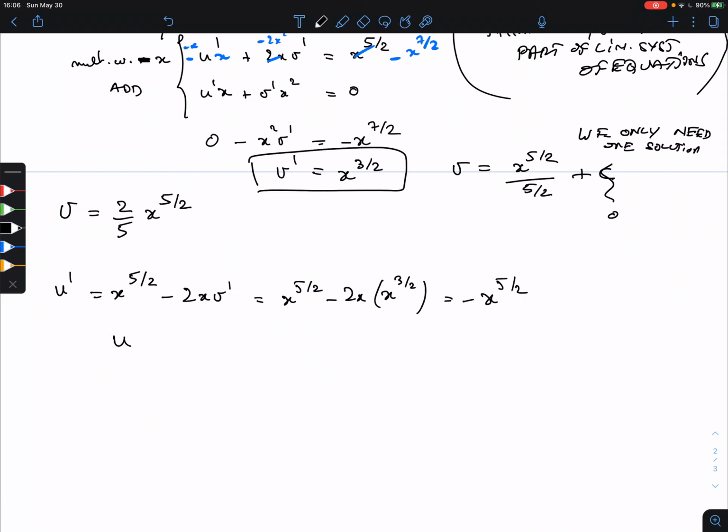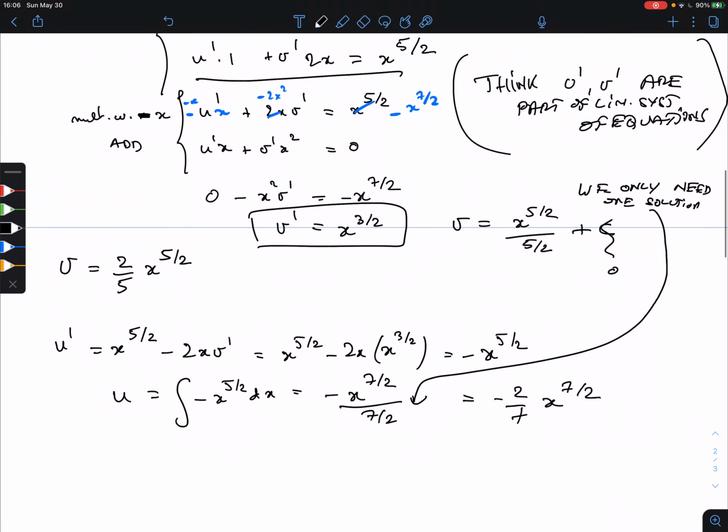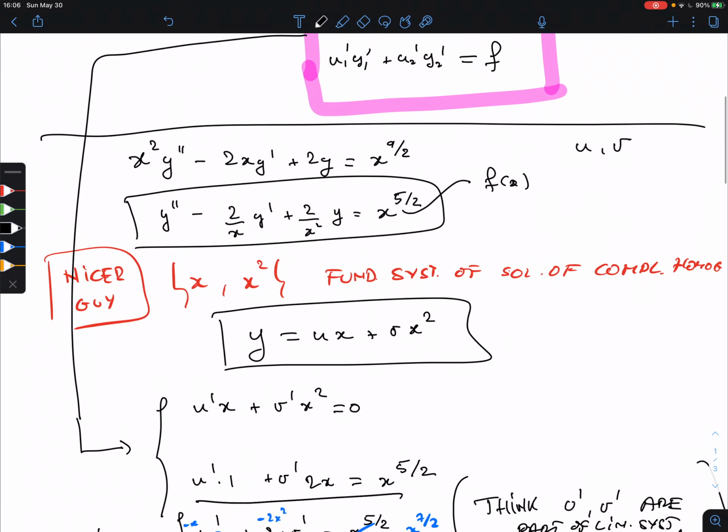Oh, that's simple now. u is the antiderivative of this thing. So that is minus, add 1 to the exponent, divide by it. Again, since we only need one solution, no constant here. So we find minus 2/7 x to the 7 halves. Where are we? We found u, we have v. Where do we go? We go to this guy here. Okay?